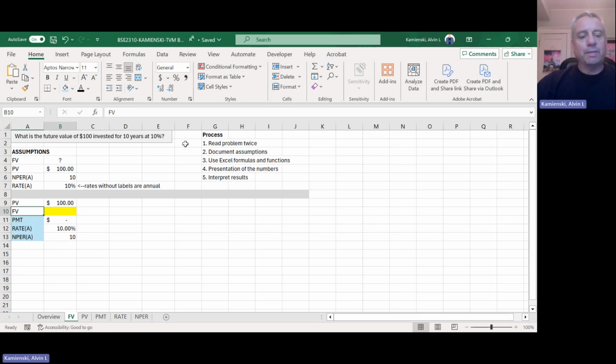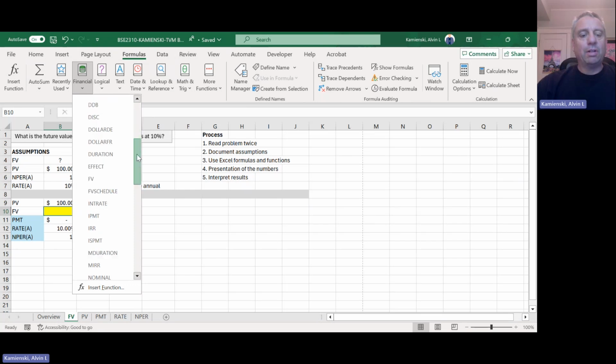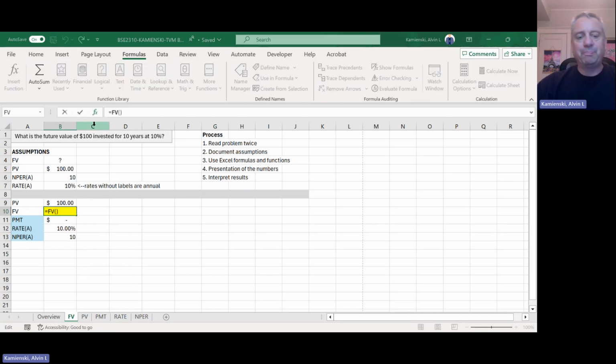Now, the way we're going to do the formula in this one is the basic navigation of formulas, financial, and then all of these variables here are also consequently named for the abbreviations of the formulas, like FV is one of the formulas that I can select right here. And I get a dialog box that allows me to then just point and pick with a 10% rate of return and a number of periods equal to 10.